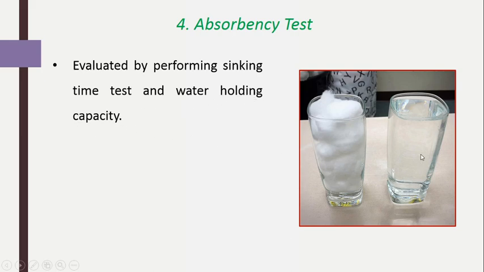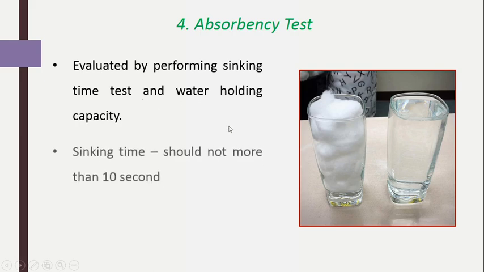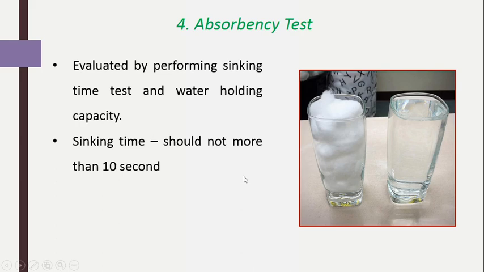Here is the determination of water holding capacity, the ability of the absorbent cotton, how much water will be held by it. So for absorbency, these two tests are performed, the sinking time and water holding capacity. The sinking time should not be more than 10 seconds.